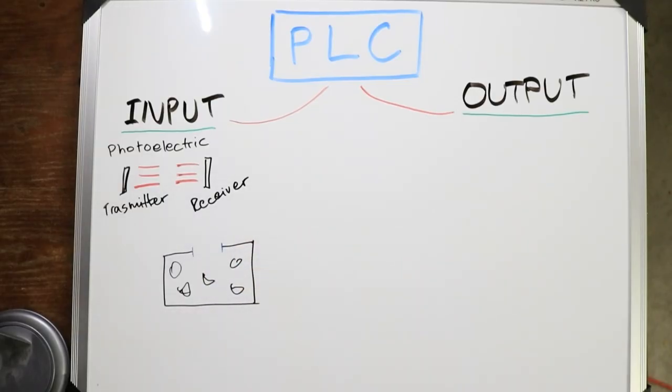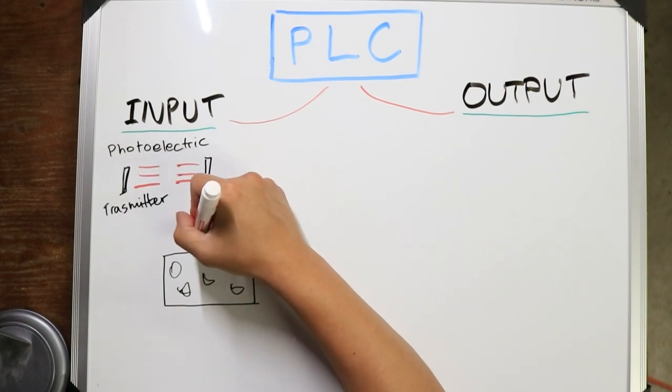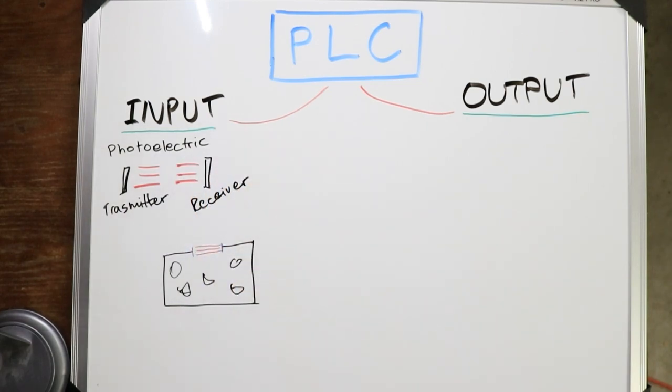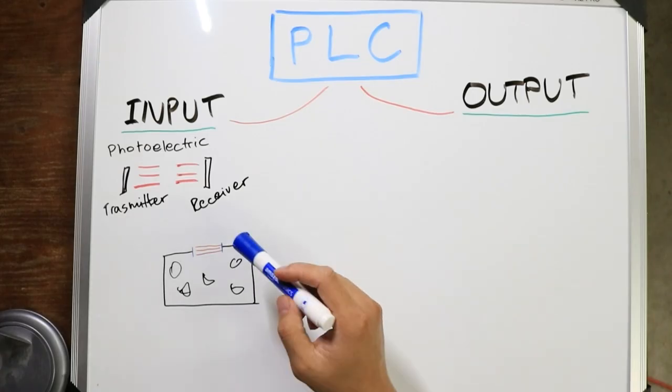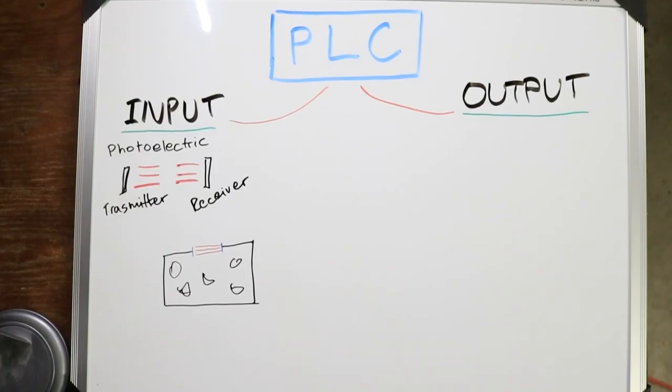It has an invisible laser going through. This is saying that nobody's in the cell right now. The equipment is allowed to run.